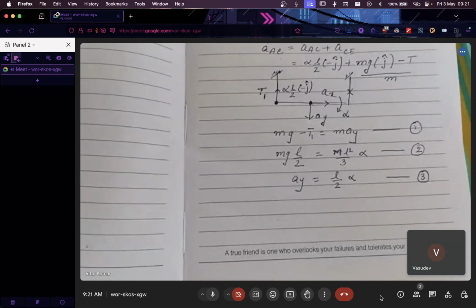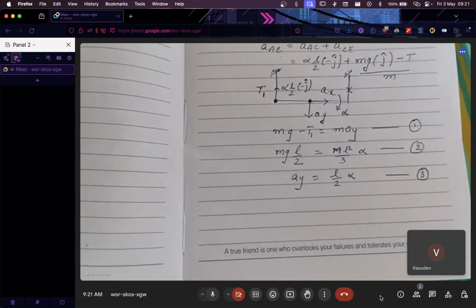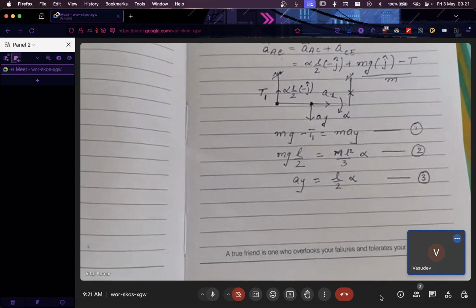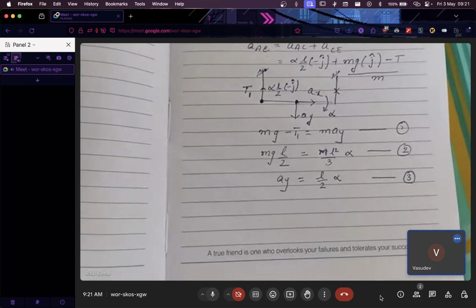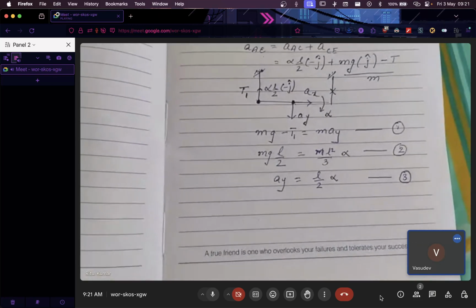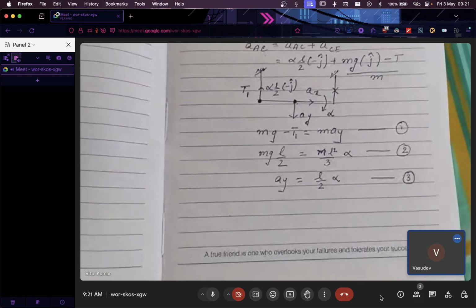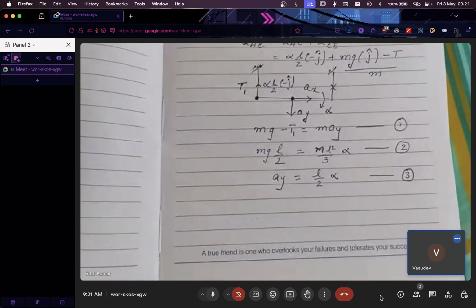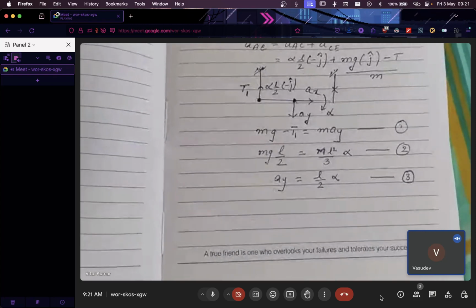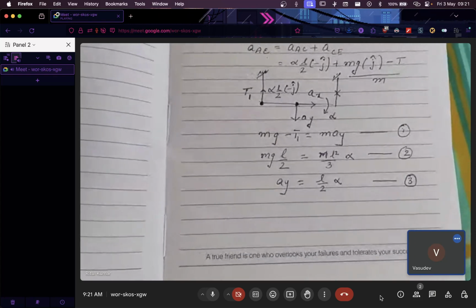Okay, 3g over 2l, that's alpha. Mg minus T1 is equal to ml by 2 times 3g over 2l.